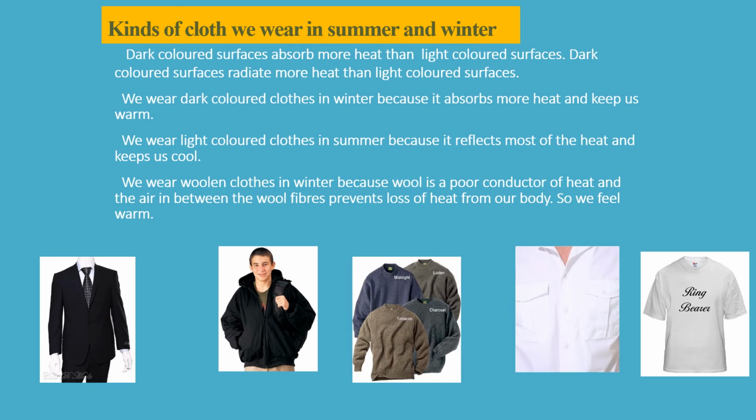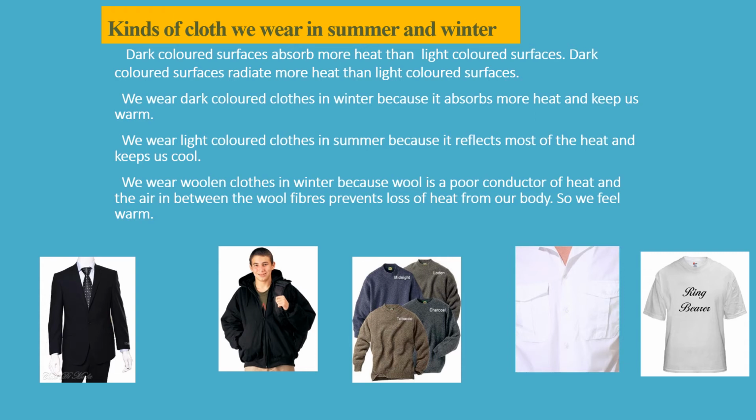Now, there is another concept of why woolen clothes are worn during winter. How do woolen clothes protect us in winter from the temperature outside? The explanation is that woolen clothes are poor conductors of heat. So they trap the heat of our body within the clothing material.